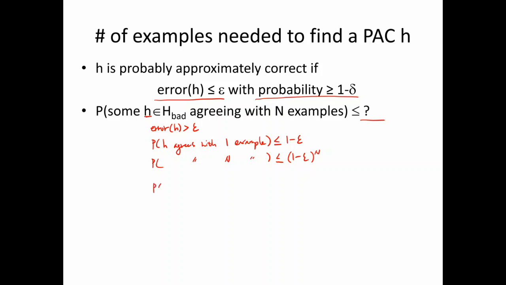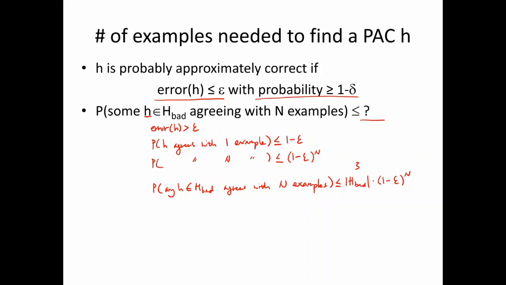The probability of any H in H bad agreeing with n examples is less than or equal to the number of bad hypotheses times (1 minus epsilon) to the nth power. Suppose we have 3 bad models.